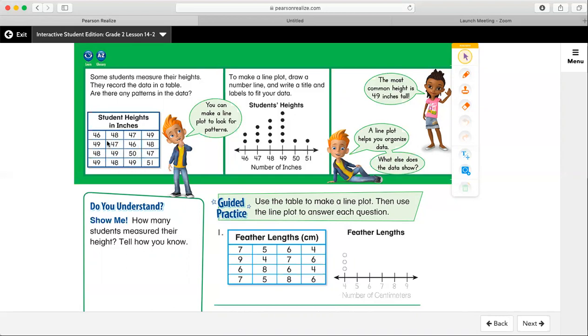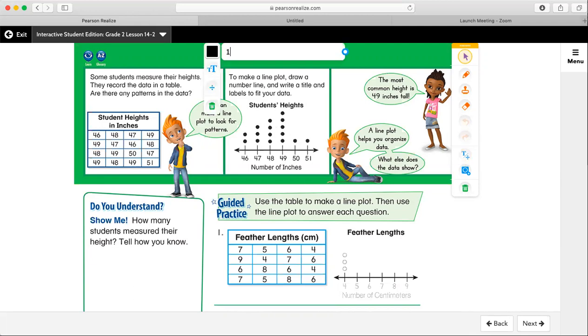Okay, so we can go here and count the number of students in this box. There are 16 heights, which would tell me that there were 16 students that we measured. And we can also go to the line plot and count the number of dots, and there will also be 16. If there are 16 different pieces of data here in the table, there should be the same amount here on the graph.